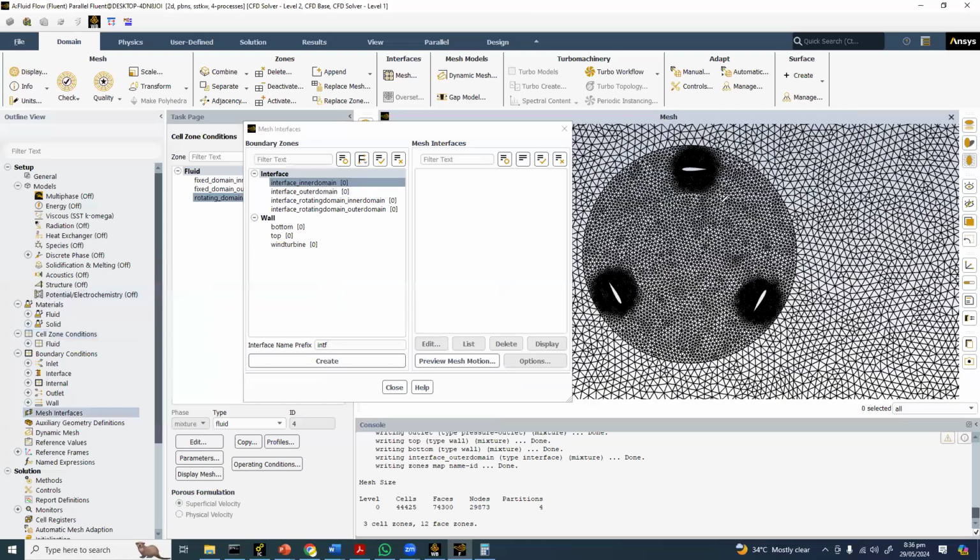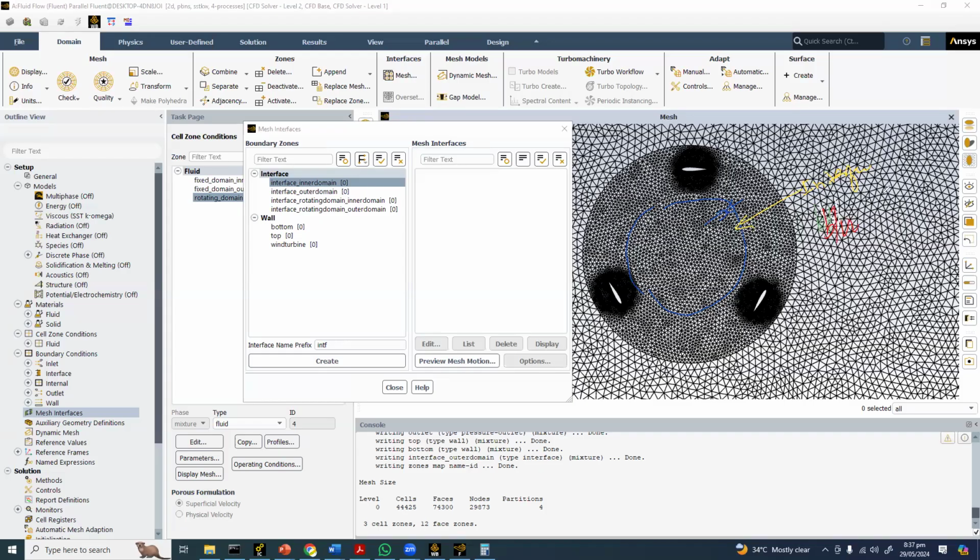One interface will be here. This interface, red color should work.